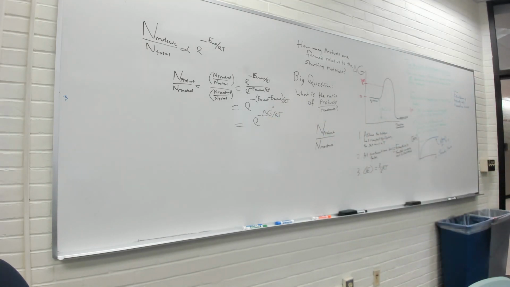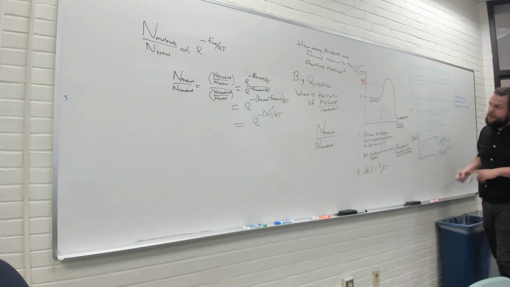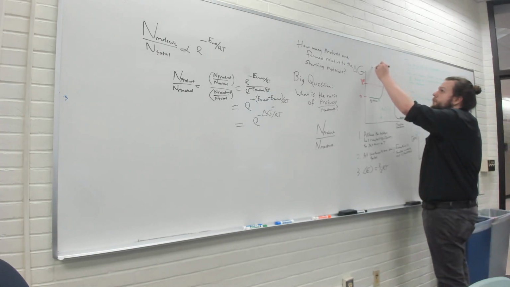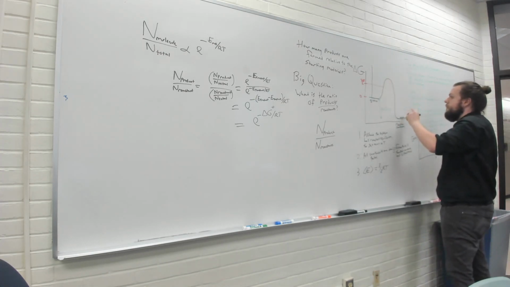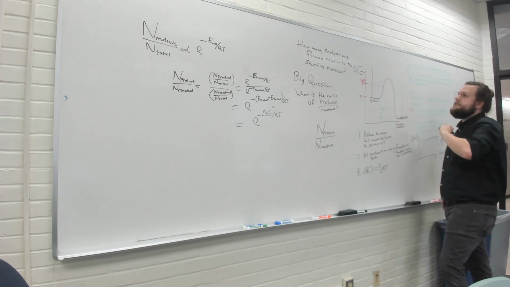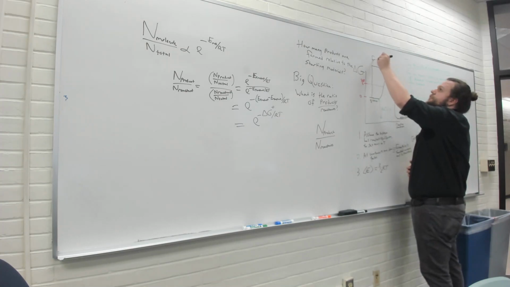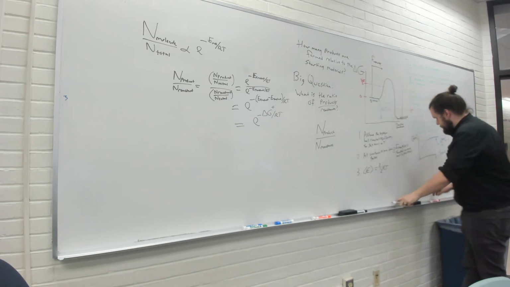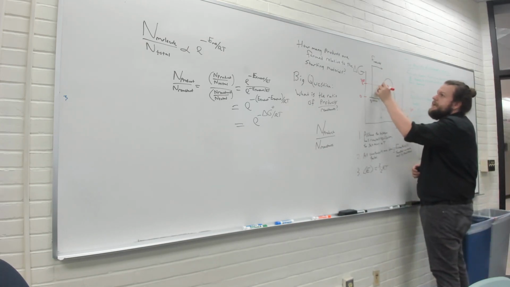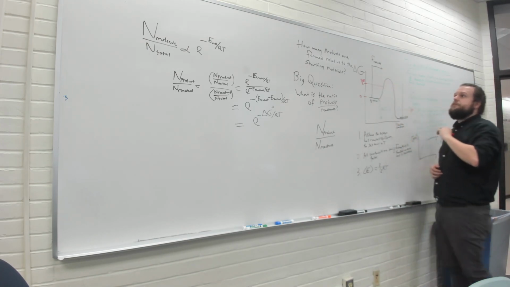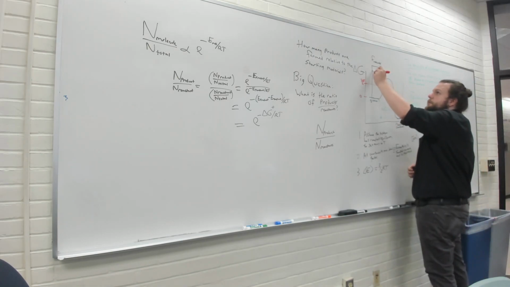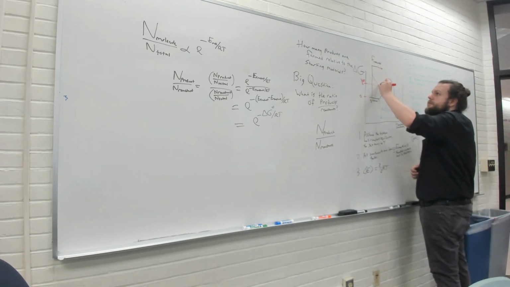However, if we instead look at, I'm going to draw an extra plot right here, vertically. If we ask what is the fraction of molecules at a given energy, of course, the mean energy of them is at the thermal energy right here, and there will be a distribution that looks like this.